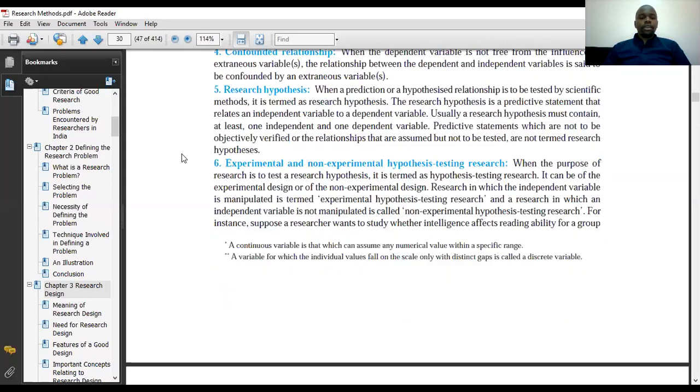Number 6, experimental and non-experimental hypothesis testing. When you are testing whether an assumption is true or false, you may use an experimental method or a non-experimental method.